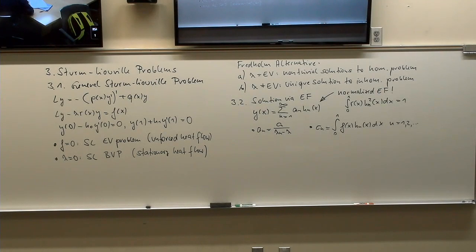So it is good to see the motivation behind doing this. And the motivation is that we usually look at two sorts of heat flow or other substance transport problems. We can have unforced heat flow, or we can have stationary heat flow.